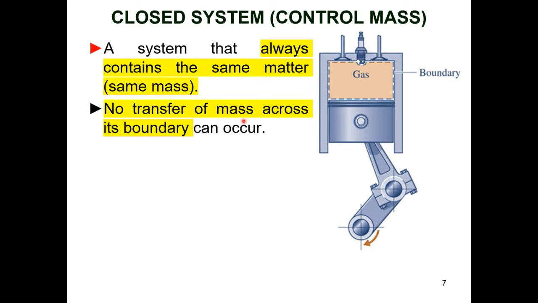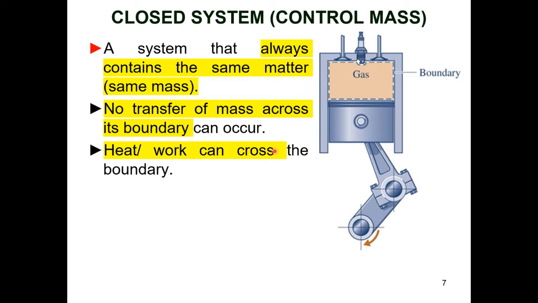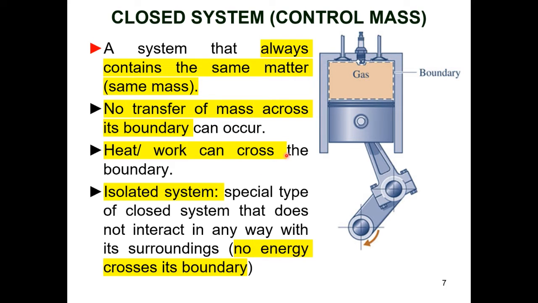But heat or work can cross. Meaning it's energy, so it can cross the boundary. If you have a constant movement and energy is transferred to it and it is released outside to the surrounding, it is possible in a closed system.